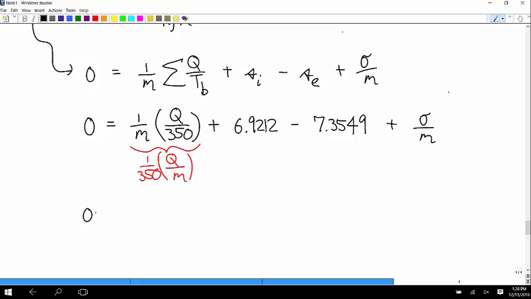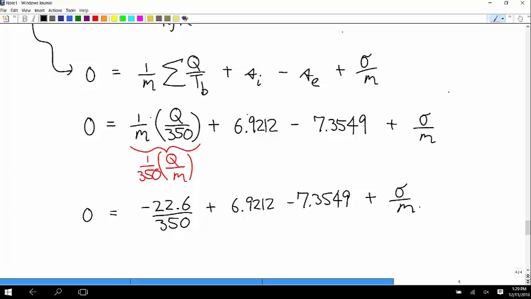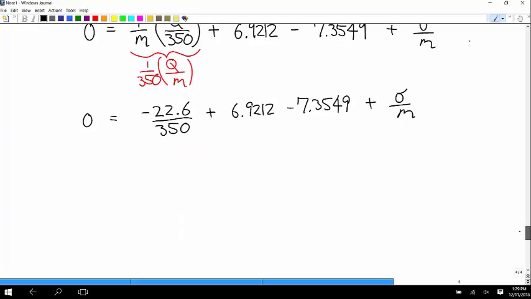So we have 0 is equal to negative 22.6 over 350, plus 6.9212 minus 7.3549, plus sigma over m. And now we can solve for sigma over m.